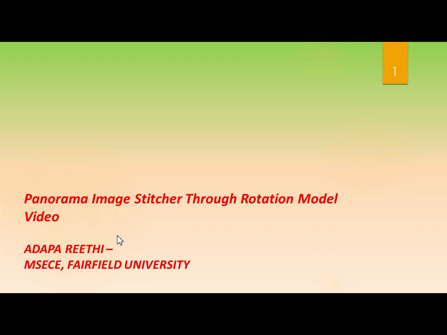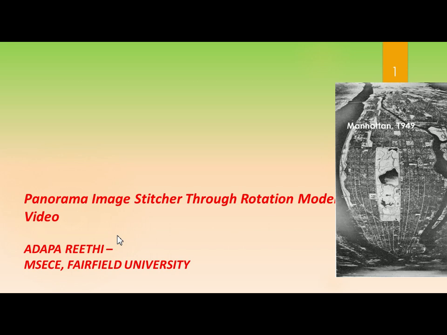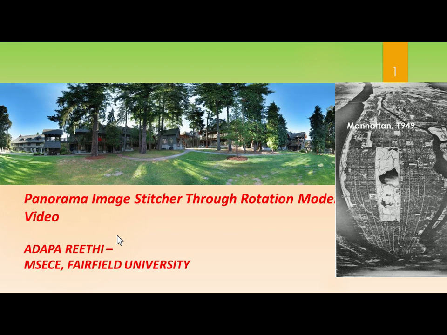Hello everyone. My thesis is about panoramic image stitching through a rotation model from video. These are some of the panoramic images. Panoramic image stitching is done in many ways.